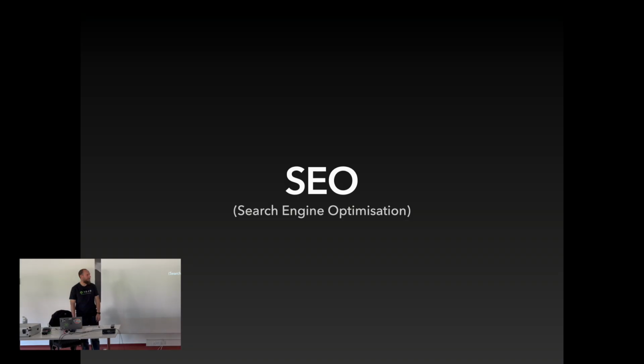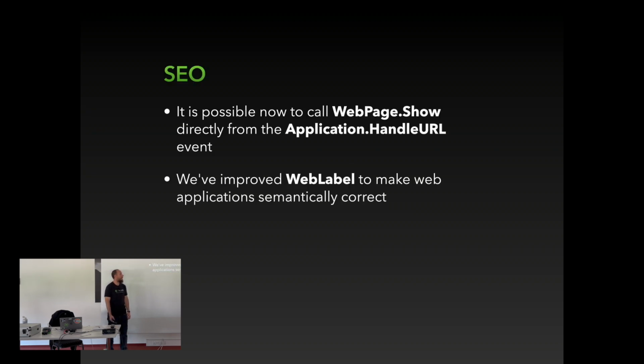And finally, SEO. We want your web applications to be search engine friendly. We've been adding capability to display any web page on any URL. We've also been adding options on the web label, for example, to be able to define a label as a heading, which matters a lot if you are creating an SEO-friendly web application.